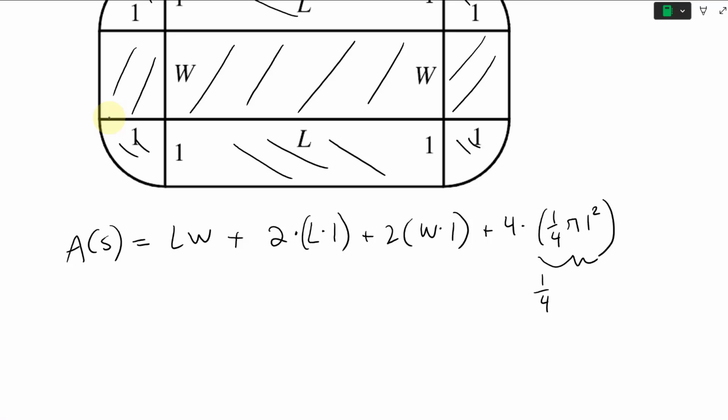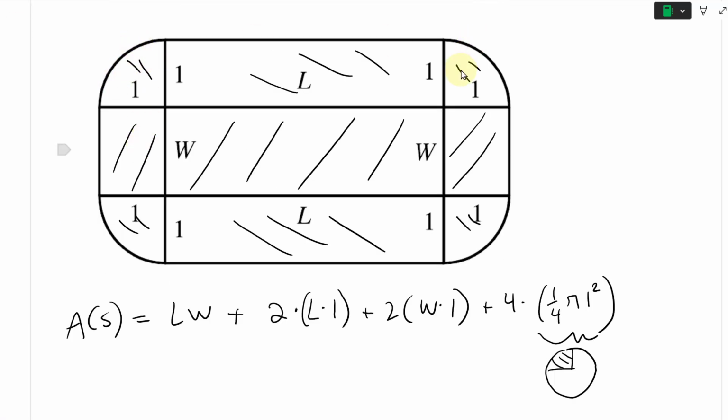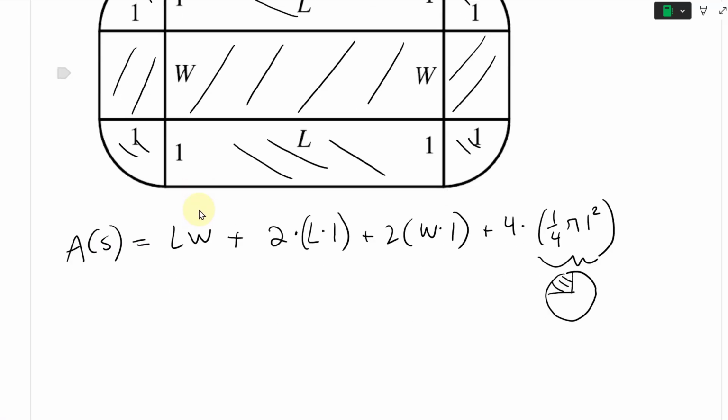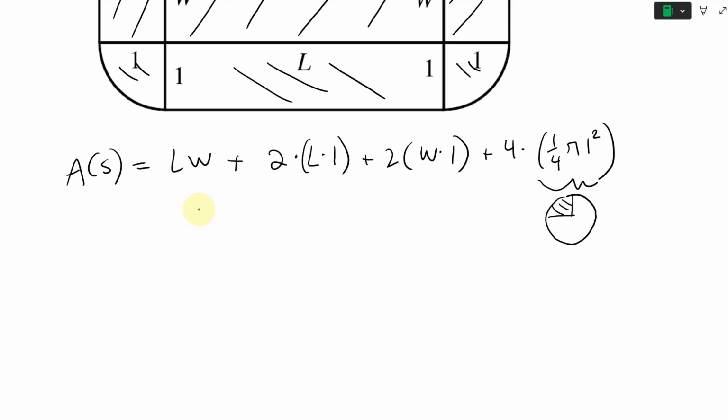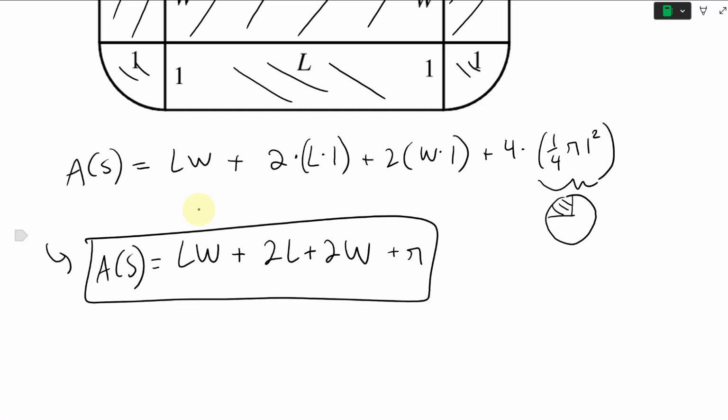If you have a circle like that, this is going to be 1/4 of it. Again, look at this shape right here. You combine them all together, you form a perfect circle. So then this simplifies to LW plus 2L plus 2W plus, and then the 4's cancel, we're just left with plus pi. This is our area. The area of the shape S right here, which includes the full rectangle.